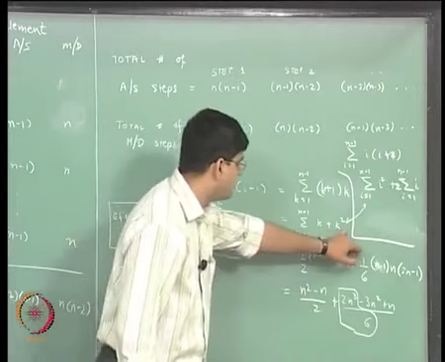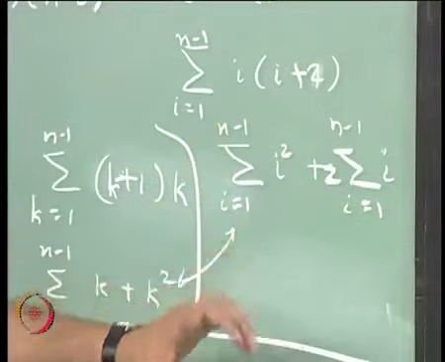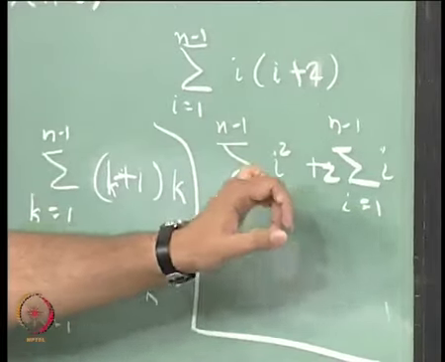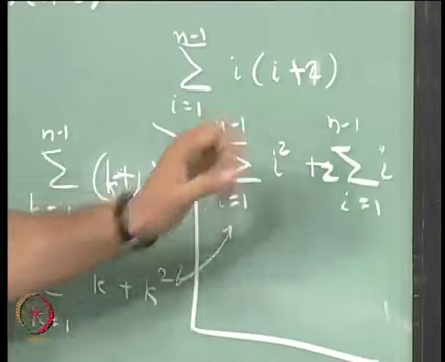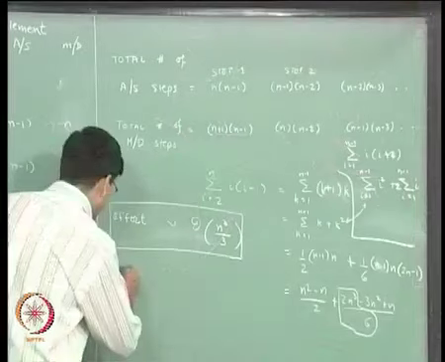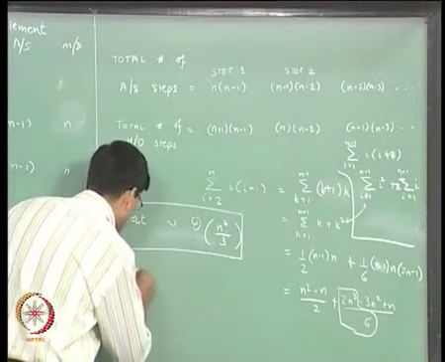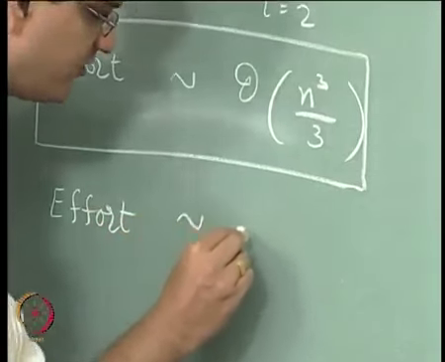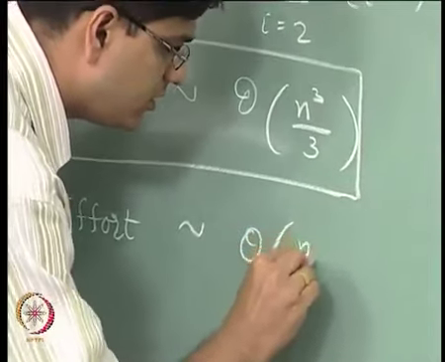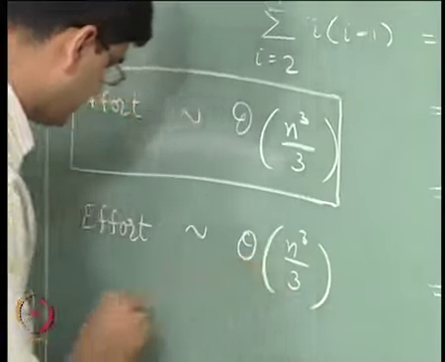So again the order of effort is determined by the summation of I squared, where I goes from 1 to n minus 1. So for multiplication division steps also, the effort is of the order of n cube by 3.